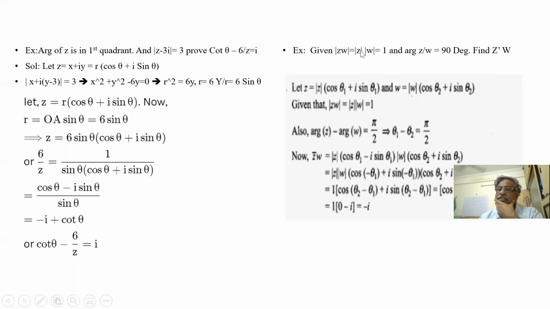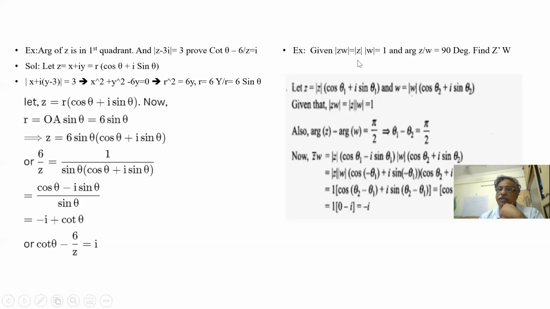Let us see. This is mod, this is a vector; both are vector multiplication. This is not mod. So what is Z by W? 90 means argument of Z minus argument of W is 90 degrees. So theta 1 minus theta 2 is pi by 2.